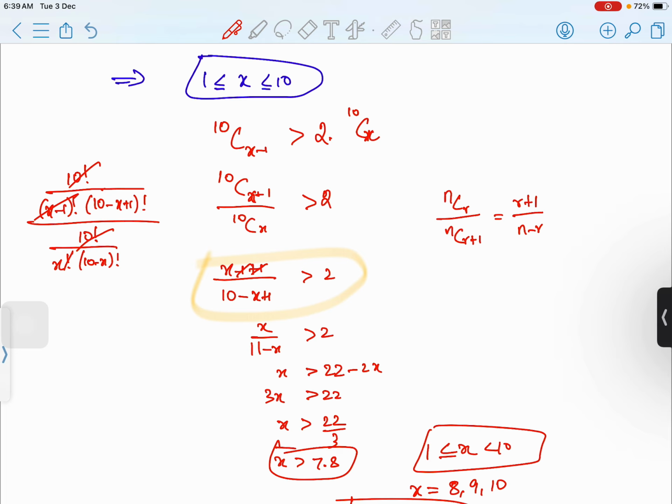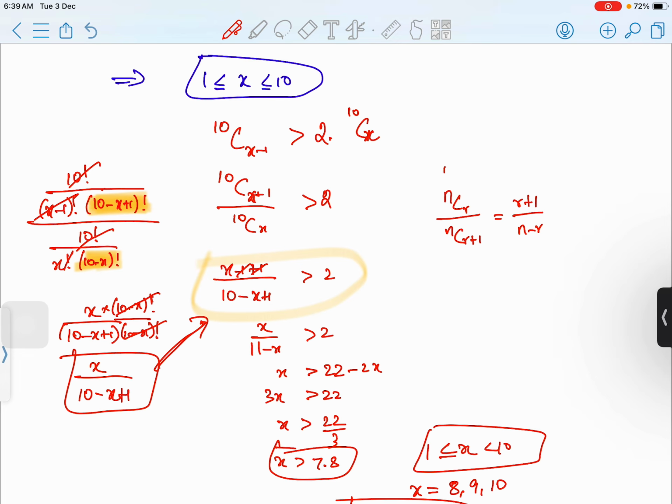In the numerator you see 10 minus x plus 1, so obviously this term is greater than this term, so that greater term we expand. So you will have x divided by 10 minus x plus 1 into 10 minus x factorial and 10 minus x factorial. These two will cancel. Finally you will get x by 10 minus x plus 1. That's what we wrote here by this formula.